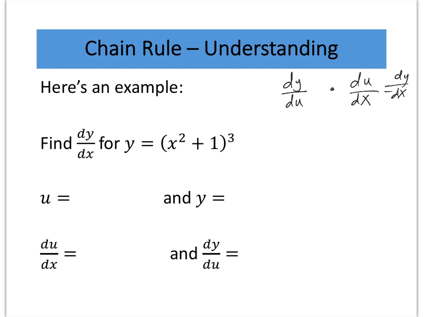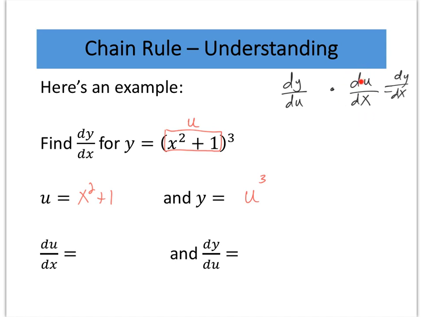So if I look at this, I think, oh, I've got this thing inside, that's going to be my u. Then if that's u, my function y is really u to the power of 3, because u is the stuff inside, u cubed. So I've just assigned it separately.